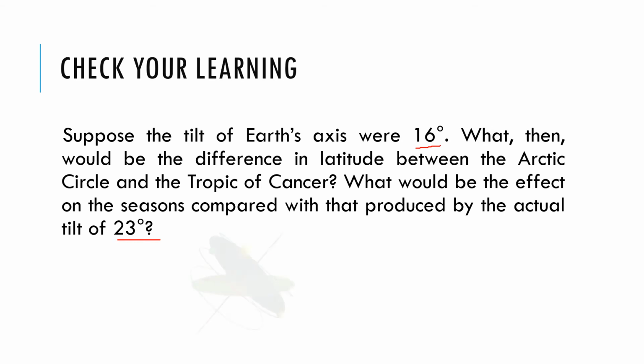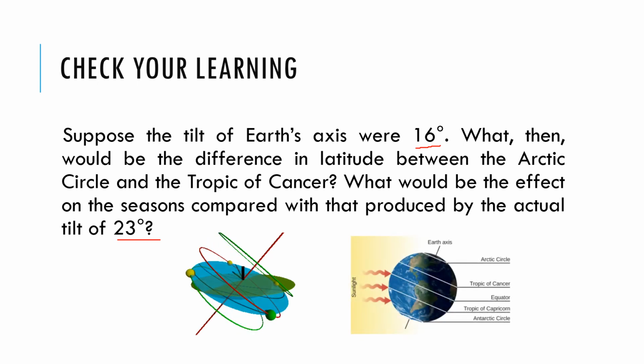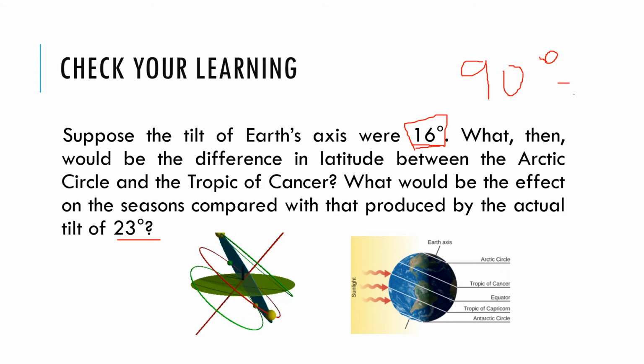The Tropic of Cancer is at a latitude equal to the Earth's tilt, so in this case it would be at 16 degrees north latitude. The Arctic Circle is at a latitude equal to 90 degrees minus the Earth's tilt, or 90 degrees minus 16 degrees, which equals 74 degrees.